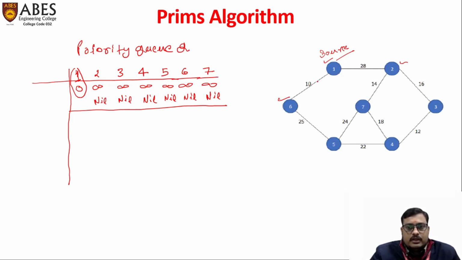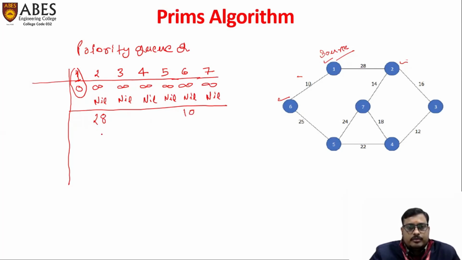Here we can see the cost of 6 is 10 and the cost of 2 is 28. So we'll update the cost of 2 and 6 as 28 and 10. So for 2 it will be 28, and for 6 it will be 10.